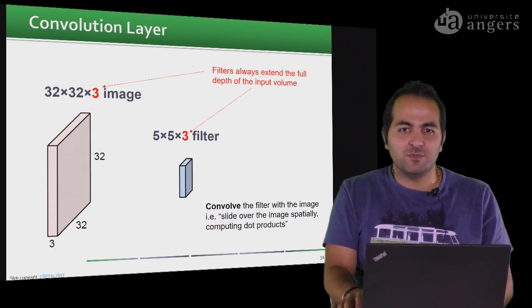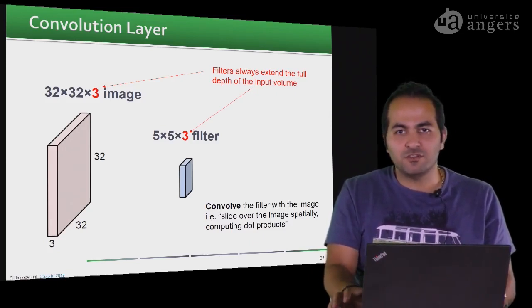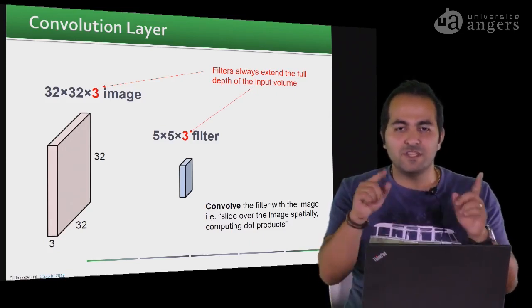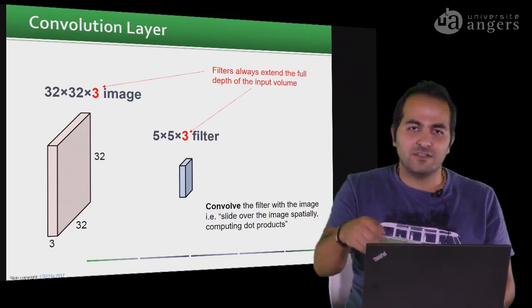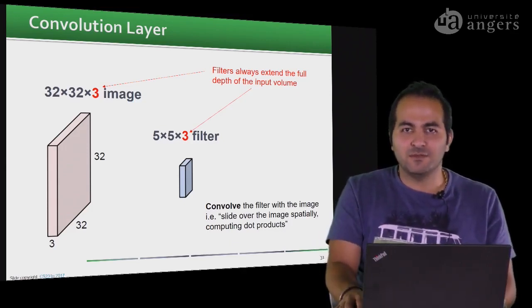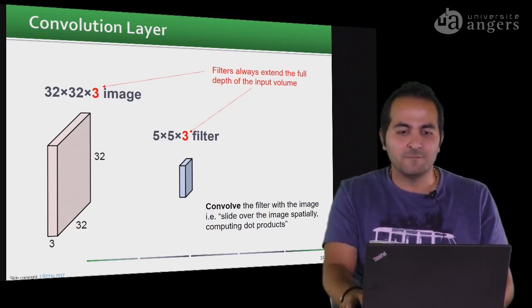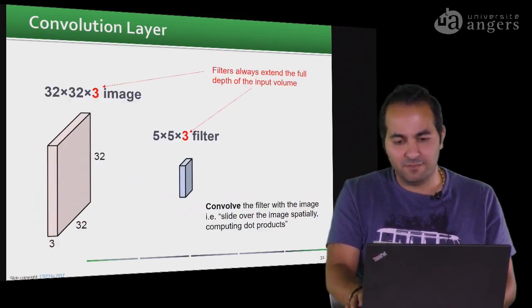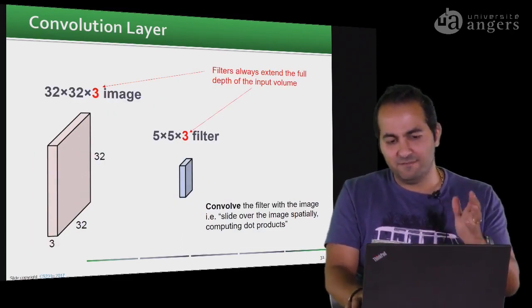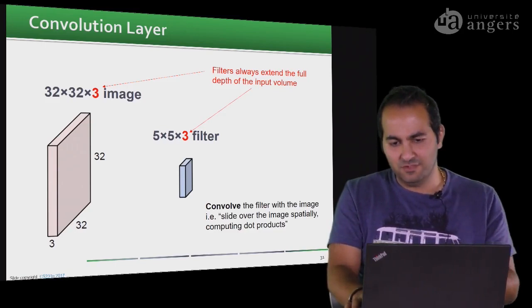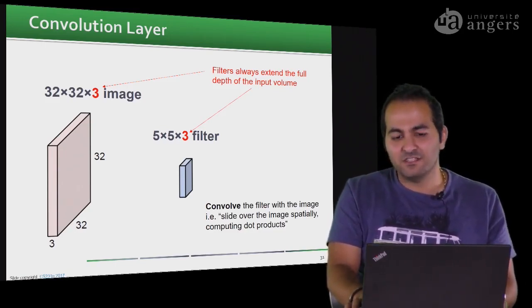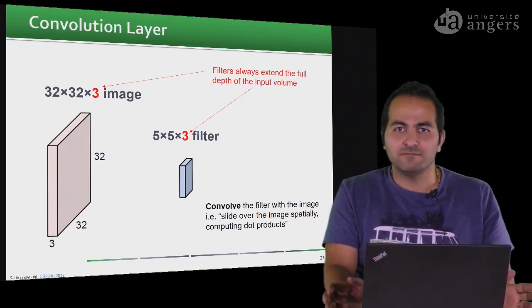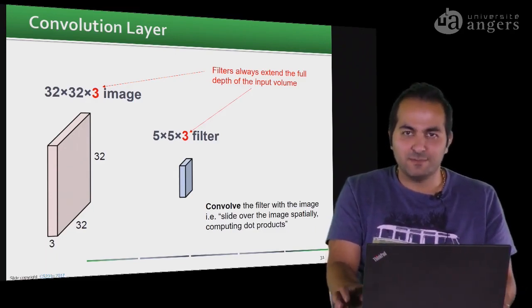Usually I don't recommend using a bigger filter size, as the cost of our algorithm will go high because we have to do convolution. So if we have an image of 32 by 32 by 3, the RGB, we have a filter size of 5 by 5 by 3, the same depth.